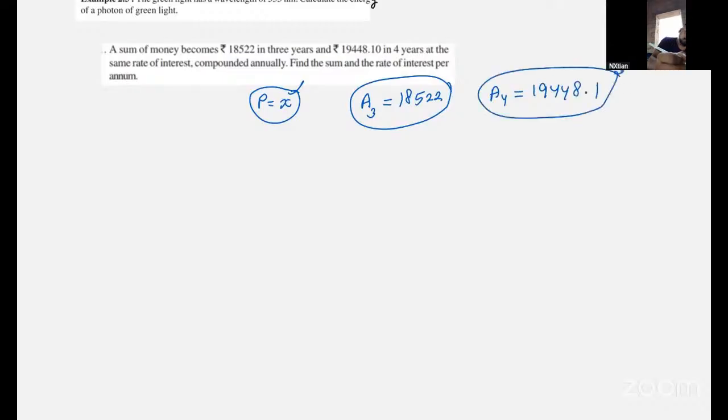Okay, and this is in 4 years, and compounded annually is given.